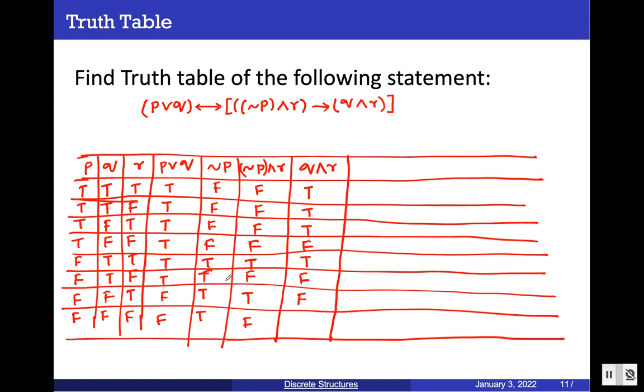So true, true, true, true, false, it will be true. False, false, it will be false. Now we have these two components. Now we are going to do the implication.